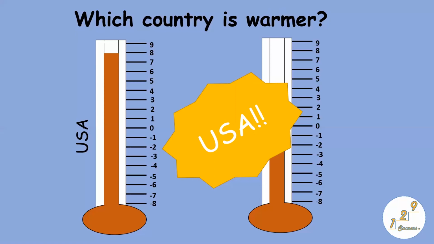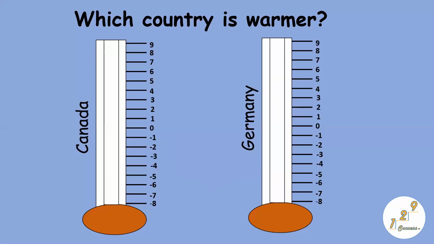It is higher up on our scale. Our orange has filled more of our temperature gauge than it did on our UK temperature gauge. Next one, is Canada warmer or Germany warmer? Canada and Germany. Write down your answers.